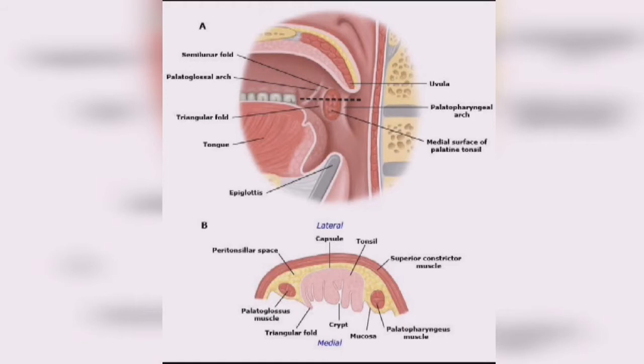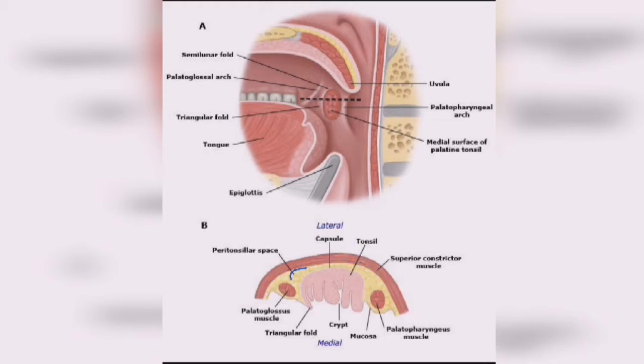Now you can see clearly the peritonsillar space. It is between the capsule of the tonsils and the superior constrictor muscle. Now, where is the peritonsillar space?